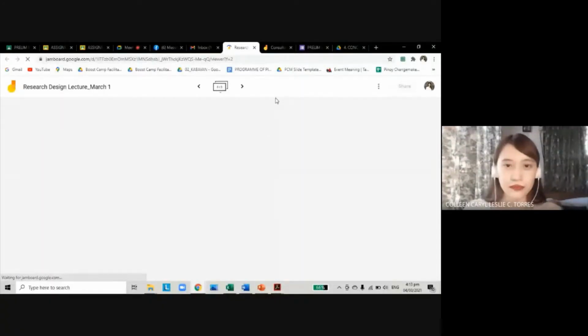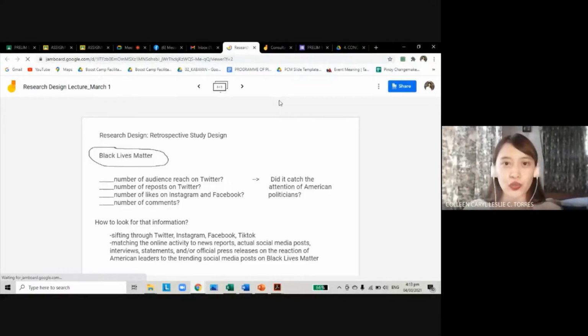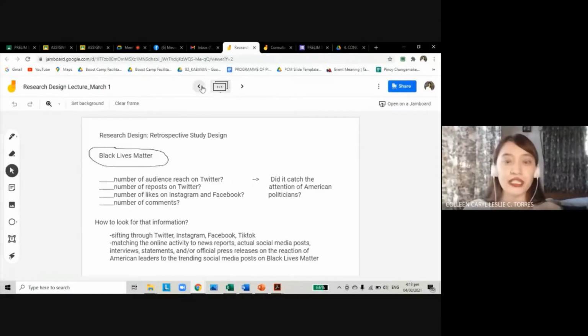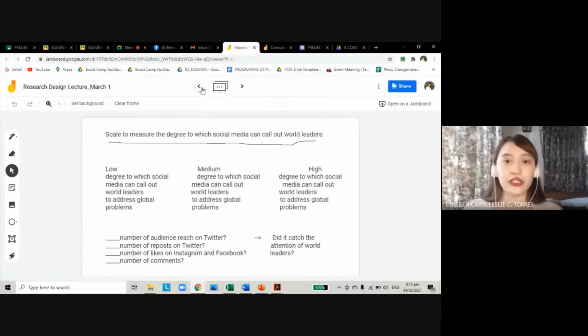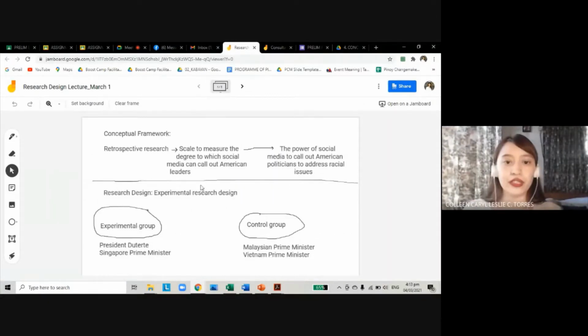Particularly, we discussed a sample problem in relation to a study on the effects of social media hashtags in spurring American politicians to take action on certain pertinent issues. So that was the example that we had last Monday.